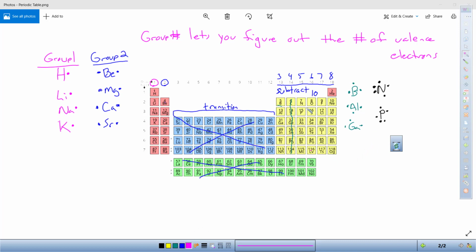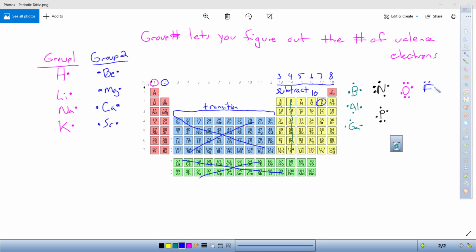And let's see, group 16. Well, if we subtract 10, that means this group has 6 valence electrons. And so oxygen, we'll use oxygen a lot in this class. There's 1, 2, 3, 4. And now we double up. And again, it doesn't really matter where. There's 6. And we'll skip over to fluorine. We'll encounter fluorine a lot. Now we're in group 17, so it has 7 valence electrons.